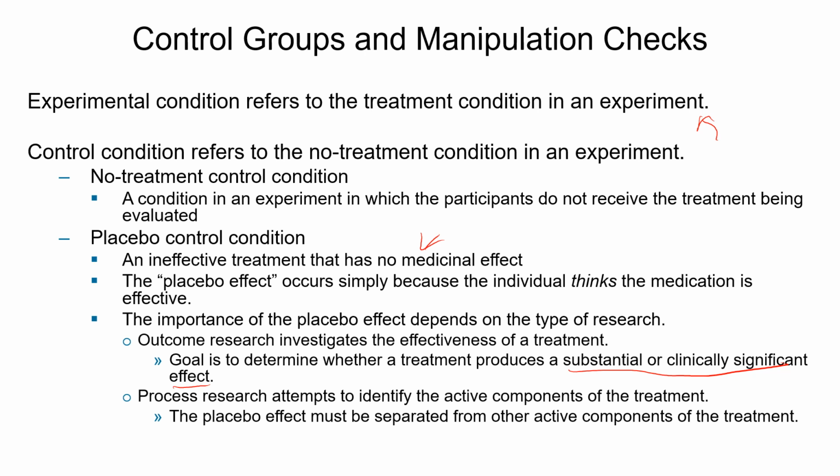Now, these are two types of control groups. There is a third type of control group that doesn't get talked about here, and that third type of control group is a comparison group. I'm going to just write it down here. Who receive an existing treatment.